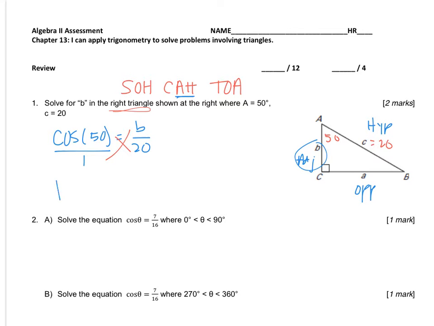So B times 1 is just B, and then cosine 50 times 20. And actually I always write the number first, so 20 times cosine 50. And we should get 12.9.